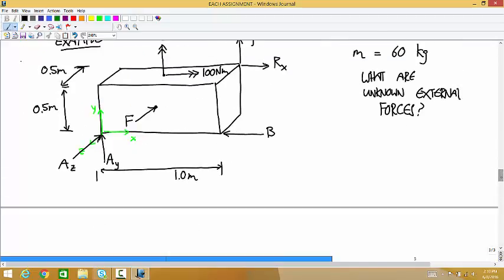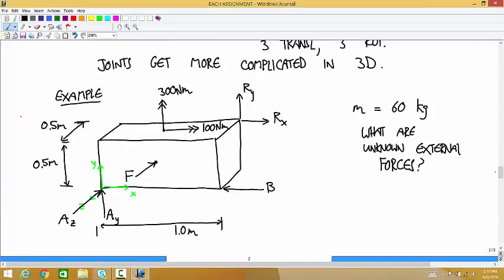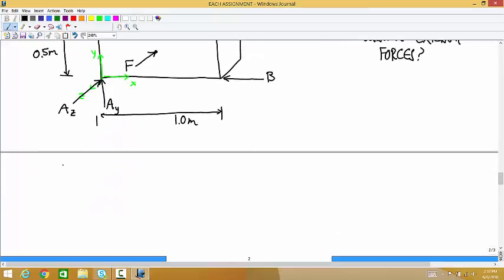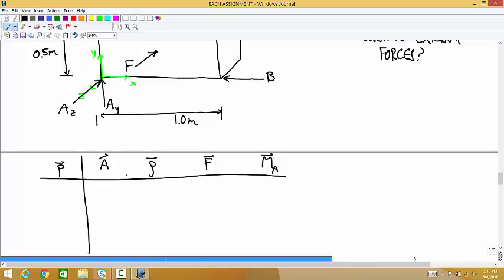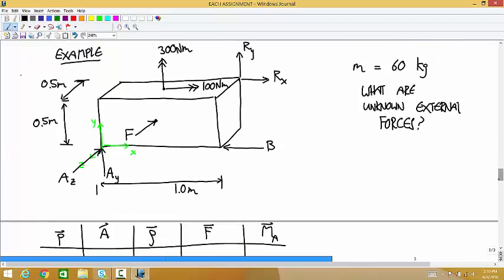Okay, I'm going to say this is good enough as a free body diagram. I'm not going to draw another free body diagram. So let's just go right into the pancake table. Before I start filling this in, what's your first hint about whether or not this is going to be solvable?